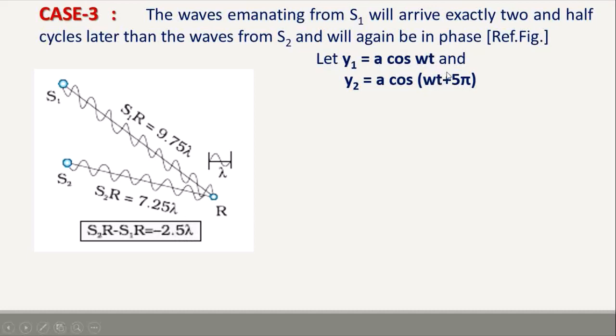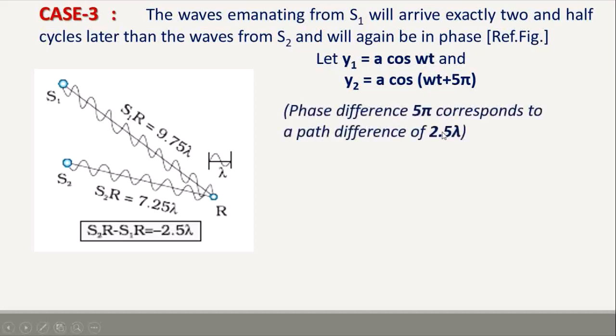I have taken plus here because the second source S2 is near to R, so the wave emitted by S2 is going to reach R earlier than the wave emitted by S1 by 2.5 cycles. So 5 pi is equivalent to 2.5 lambda. 5 pi is the phase difference, and 2.5 lambda is the path difference.